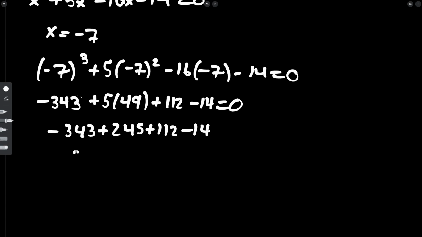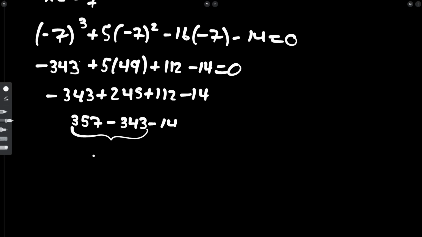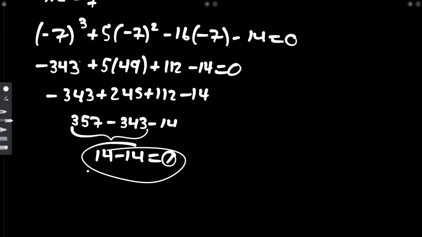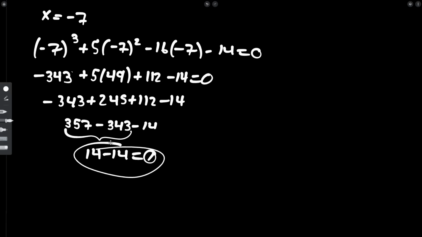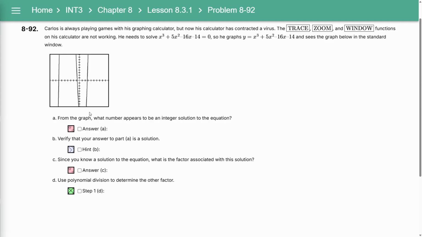That gives us 357. Sorry, minus 343 minus 14. This subtraction gives us 14 minus 14 is indeed 0. So we see that plugging -7 into this function gives us 0, which confirms that -7 is a solution to this.